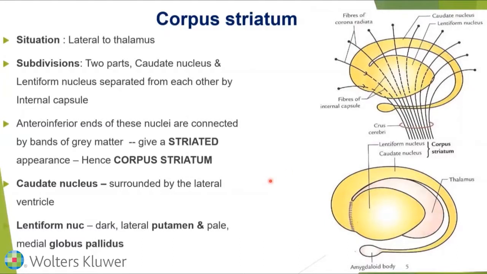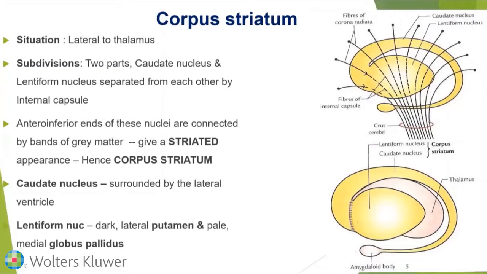Corpus striatum lies lateral to thalamus, consisting of two parts, a caudate nucleus and lentiform nucleus, separated from each other by internal capsule. The antero-inferior ends of these two nuclei are connected by bands of grey matter, which give it a striated appearance and hence the name corpus striatum.